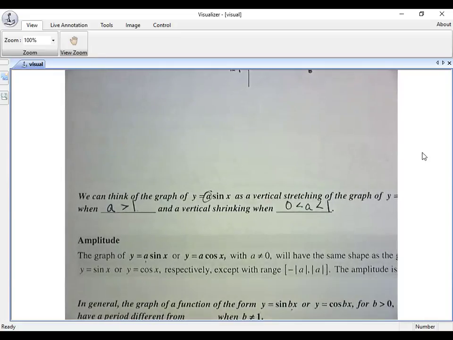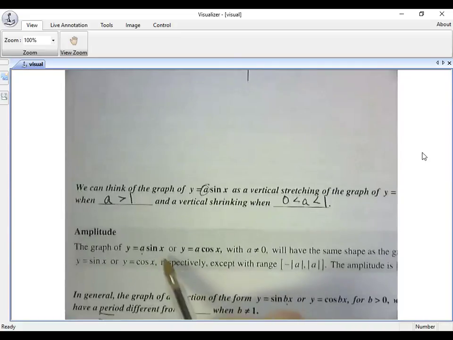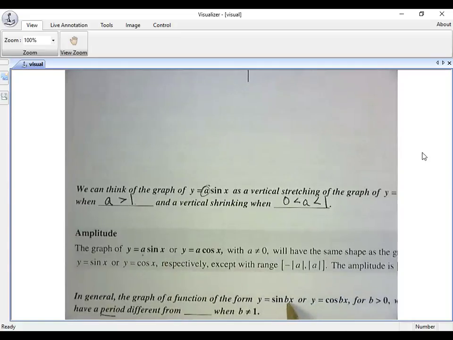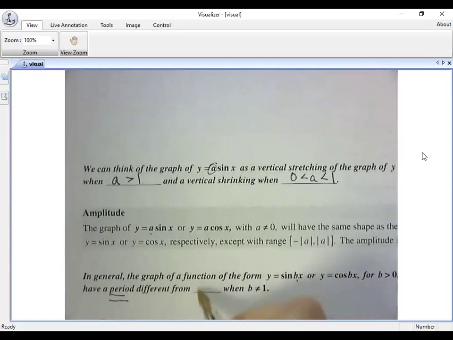In other words, where 2 pi is 1 complete period, if we're just talking about the sine of x, then this is going to have a period that's different if I see a number in front of the x, and it will be different from 2 pi as long as that's some number other than 1.